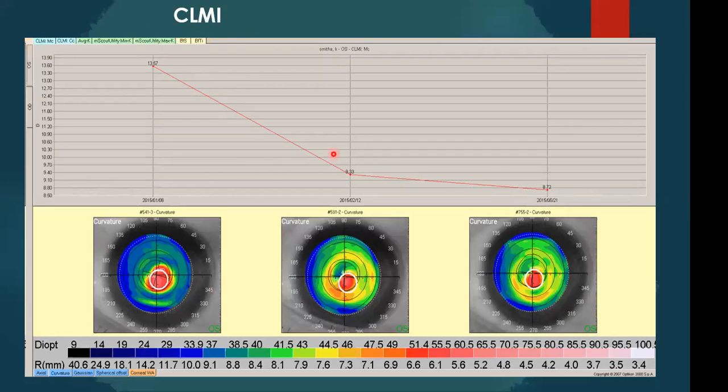So for laymen, it is very easy to understand that after this procedure, we had done a C3R and a PTK, that is phototherapeutic keratectomy, and how the patient's cone has actually reduced in size and area, and so the patient's vision, even uncorrected vision, actually improved. So this is an excellent index which is available with the Keratron Scout.